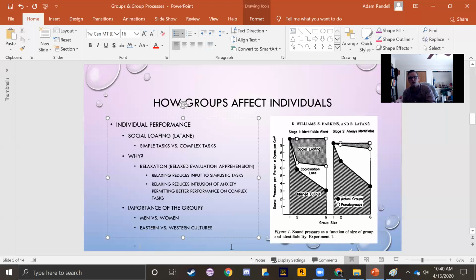They don't tend to rely on their other group members. They don't put the burden on their group members as much as men do, all right? Also, we see that Eastern cultures, those cultures more committed to their groups, more focused on maintaining their groups, also loaf less than Western cultures like ours and European cultures.